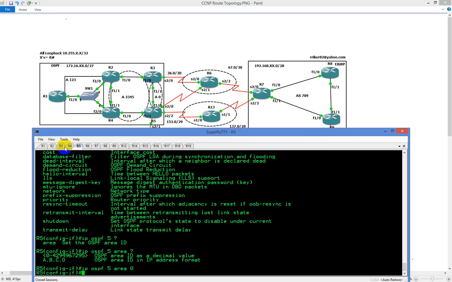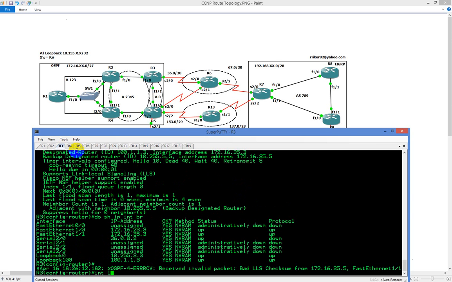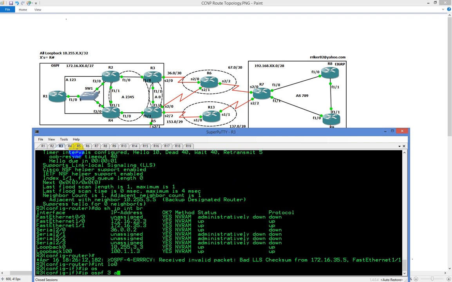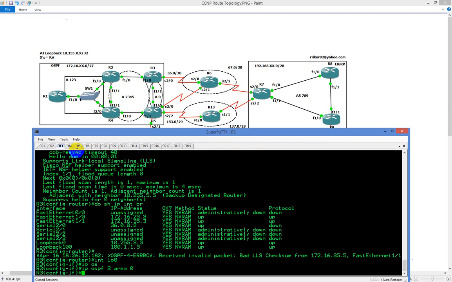We're going to do the exact same thing on router 3. I'm going to type in interface loopback 0, then ip ospf 3 area 0. Now I'm going to do show ip route ospf.